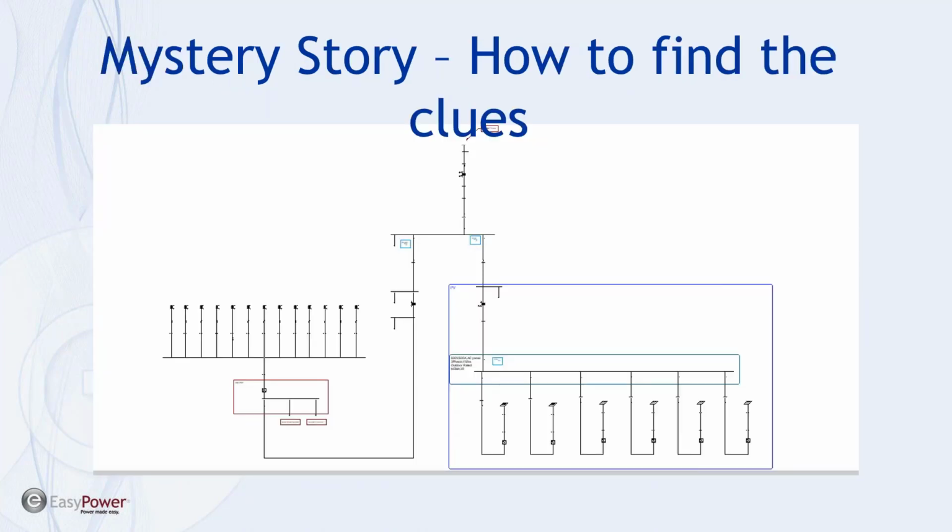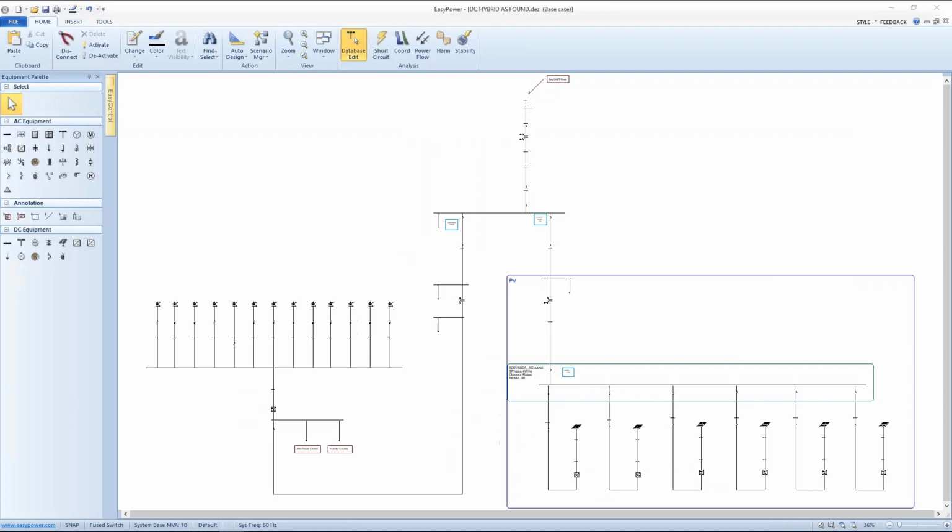So the mystery, or the story, all began with a customer who wanted some assistance. His particular design had a bank of batteries and a bank of PV arrays tied into the utility supply. So it was a mini microgrid situation, and that's where we're going to start the discussion.